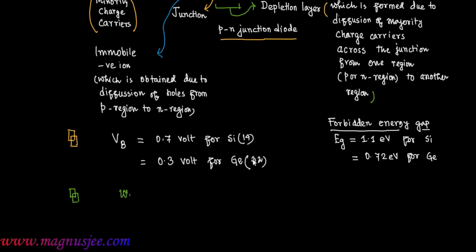Width of the depletion layer is equal to, or rather of the order of, 1 micrometer, not only equal, of the order of 1 micrometer, that is of the order of 10 to the power minus 6 meter.